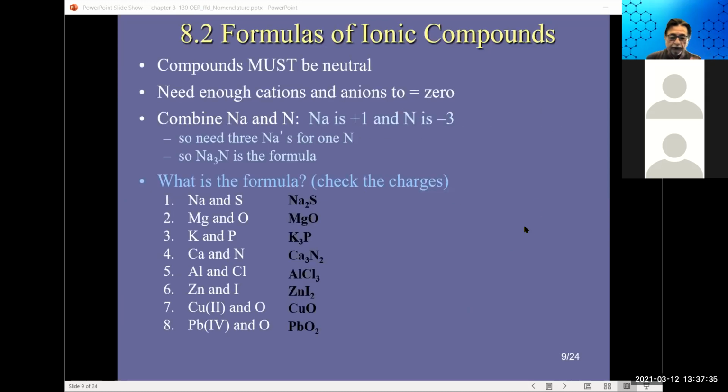Okay, so with that, let's go back and name them. All right, so the first one, sodium. We don't change the name of the metal. Notice also the trend here when writing these formulas.